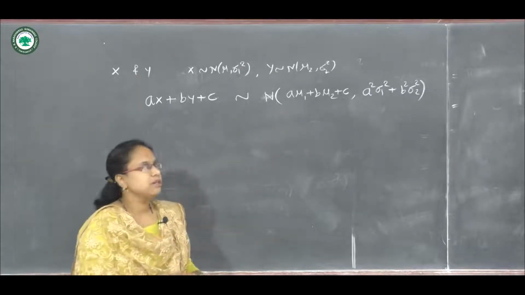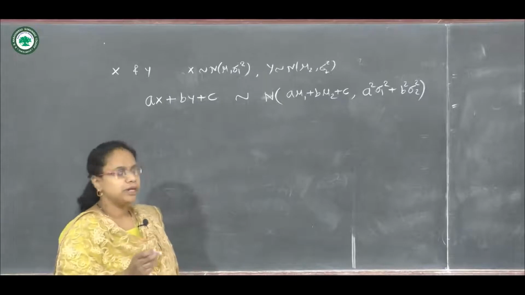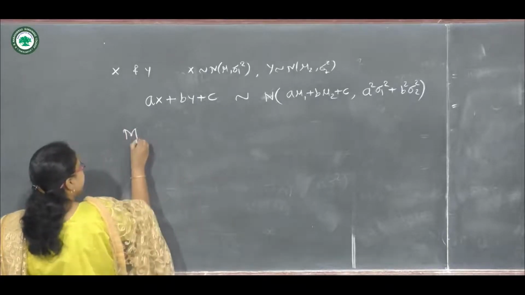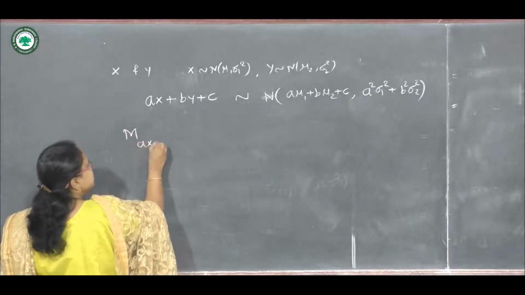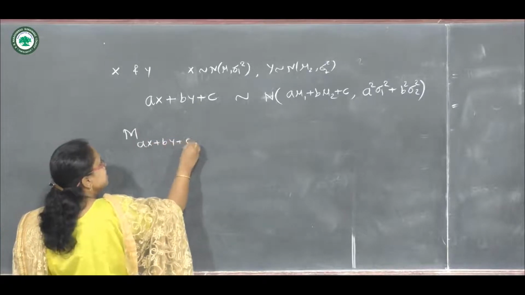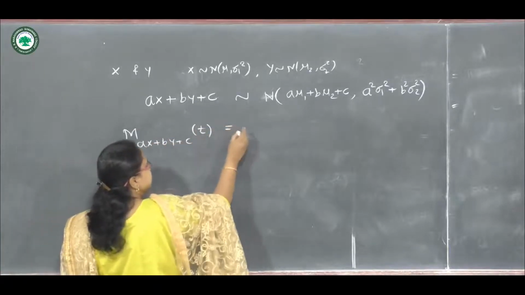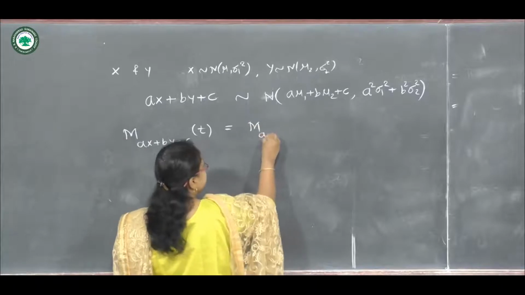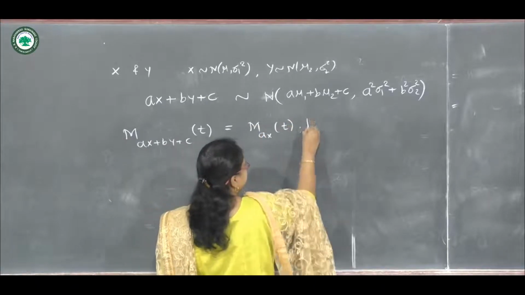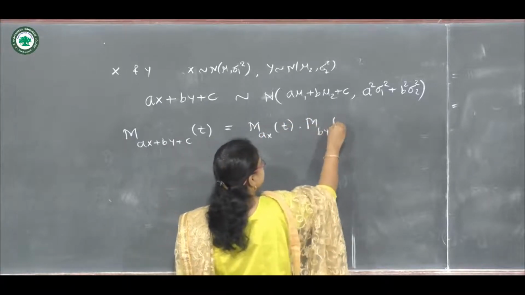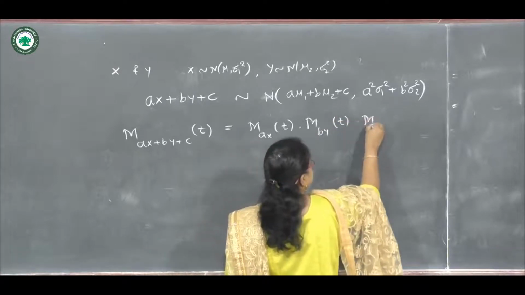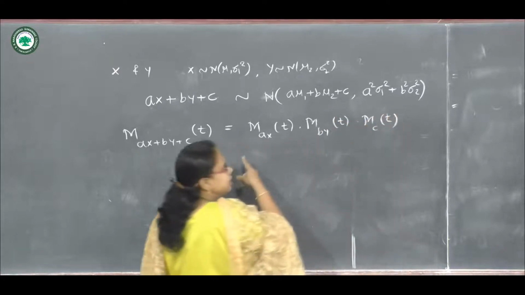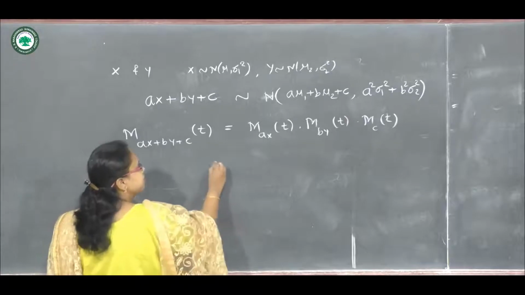This can also be proved with the help of MGF. So M ax plus by plus c of t can be written as M ax of t into M by of t into M c of t. I have written this by using the property of MGF.